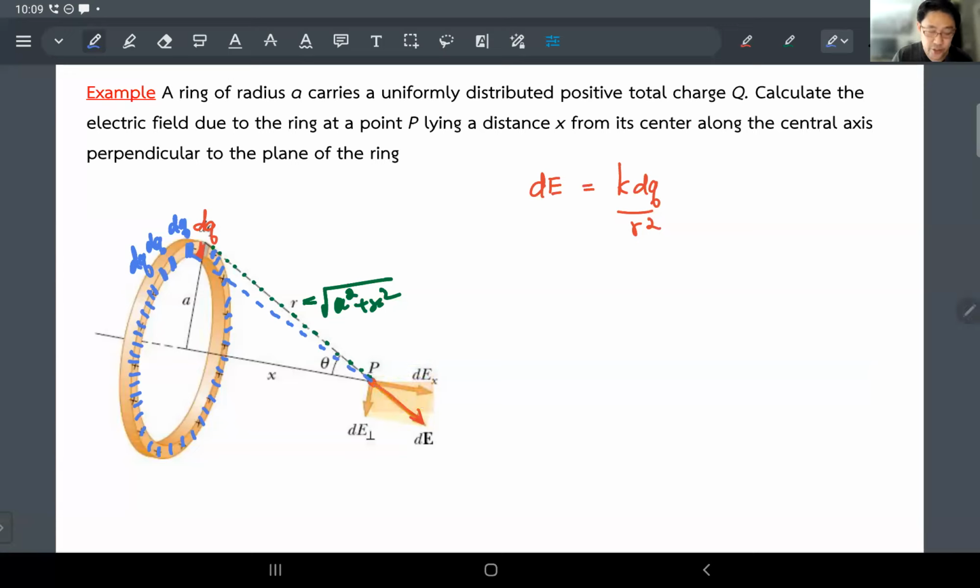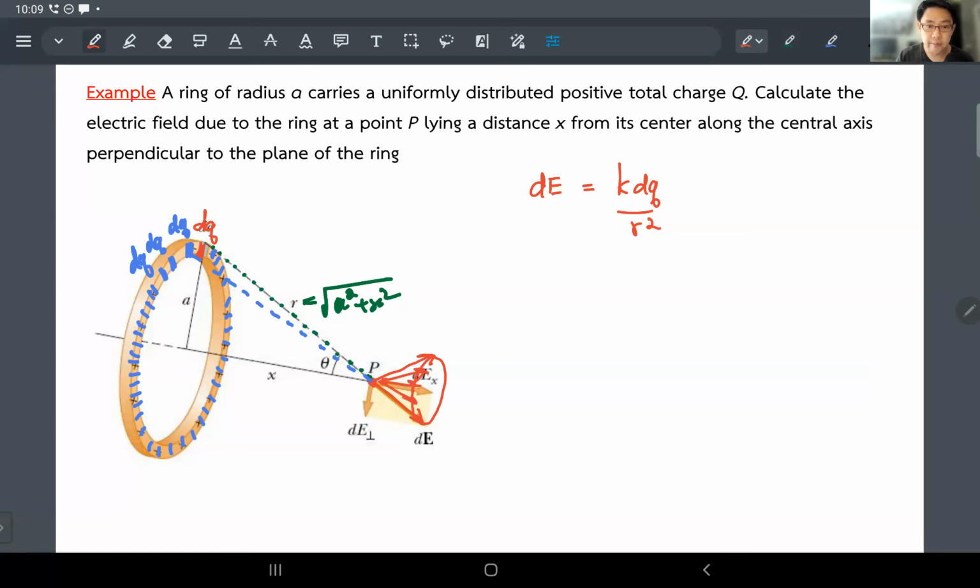If each dq generates one dE vector to the right, and you keep rotating around the ring, the dE will be generated in the form of what? It's going to look like a cone. You get a cone of dE.